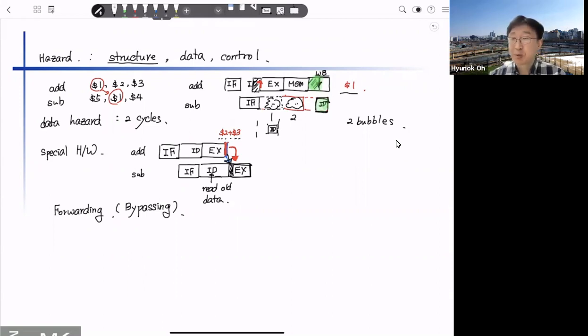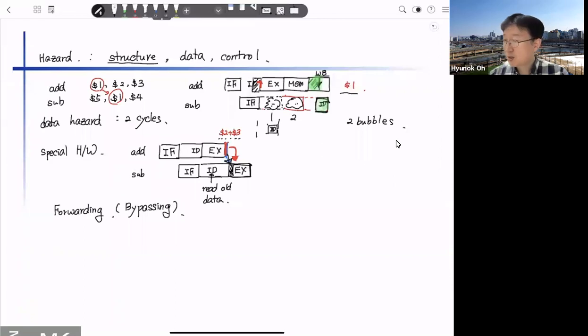So this is the hardware solution. Using the hardware, we can solve the data hazard problem. For the structure hazard case also, we are putting in more hardware. If we can solve the problem using hardware, then that problem is not going to be hard to solve.